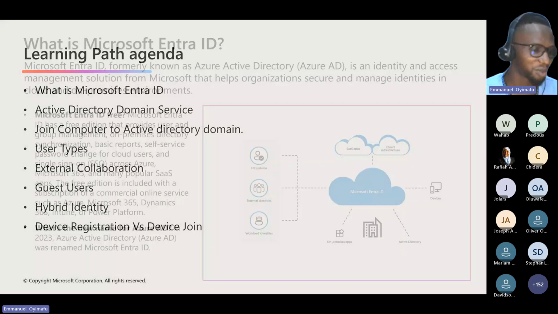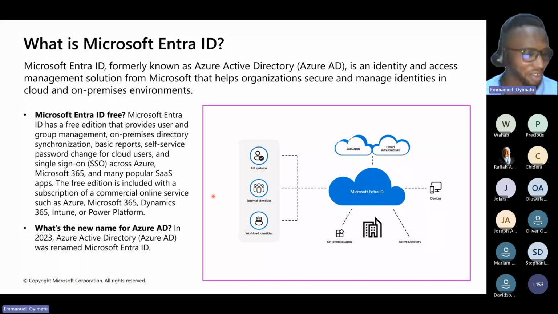So this is Microsoft Entra ID. Funny enough, Microsoft Entra ID was formerly called Azure Active Directory. I could remember when I started my internship back then in 2022 at Hashem Limited, we had our classes whereby the first day in the morning, someone came, he taught us Active Directory. He called it Active Directory.